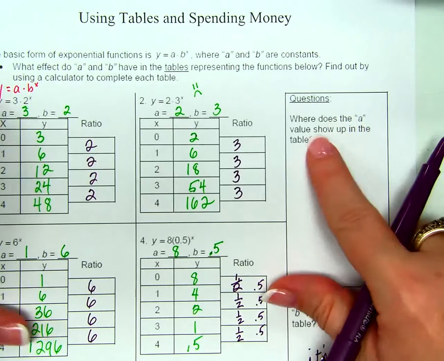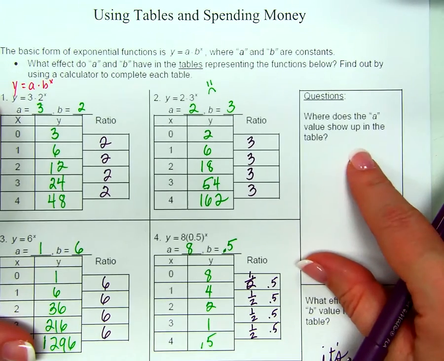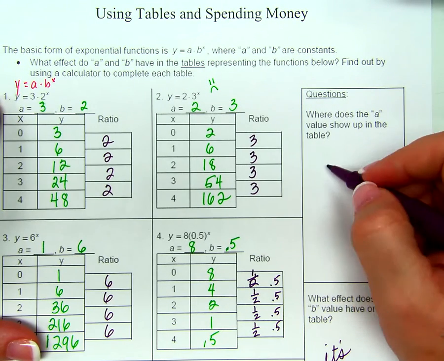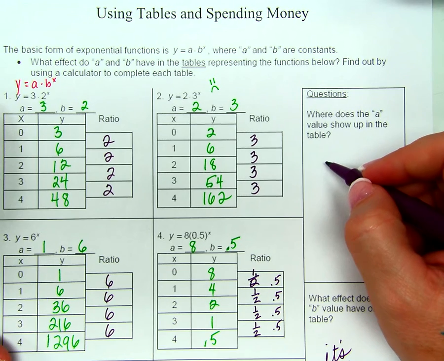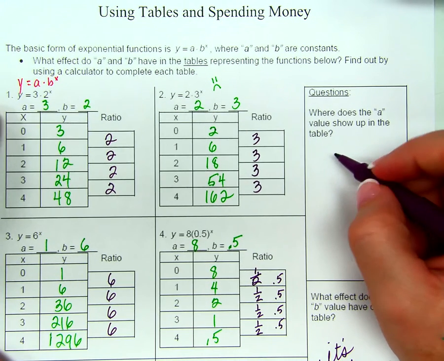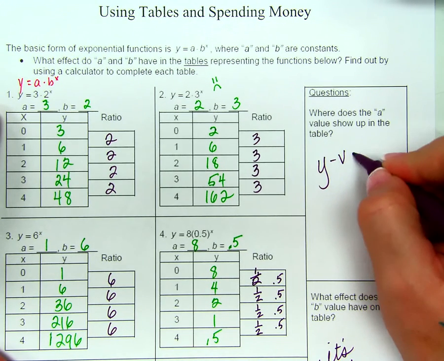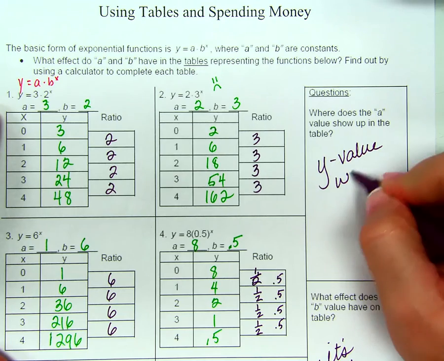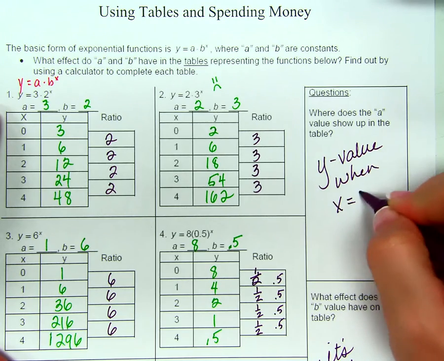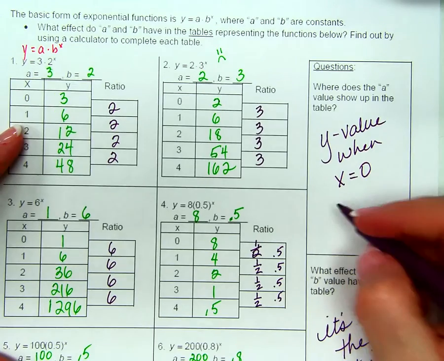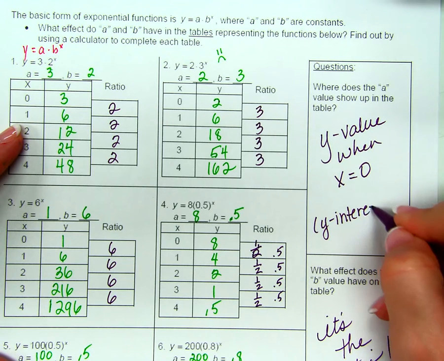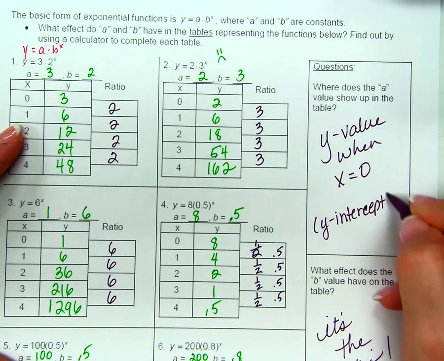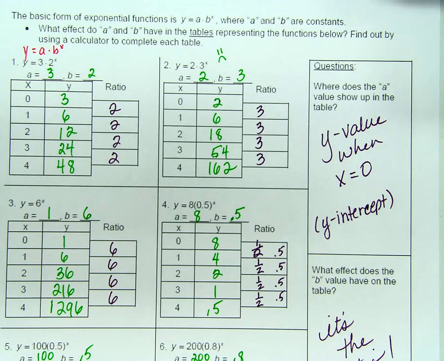Where does A show up in the table? It's the y value when x equals 0, which we also know is the y-intercept. Good job. Okay?